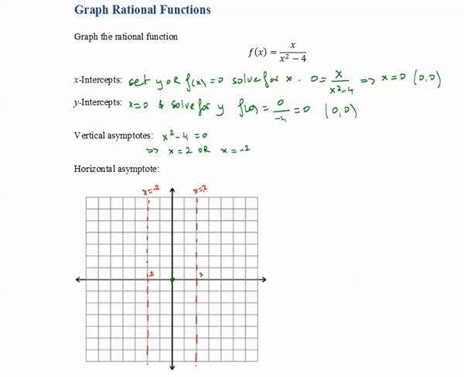For the horizontal asymptote, since the numerator, x, is a polynomial of degree 1 less than the denominator, x squared minus 4, then we're going to have the x-axis as the horizontal asymptote.